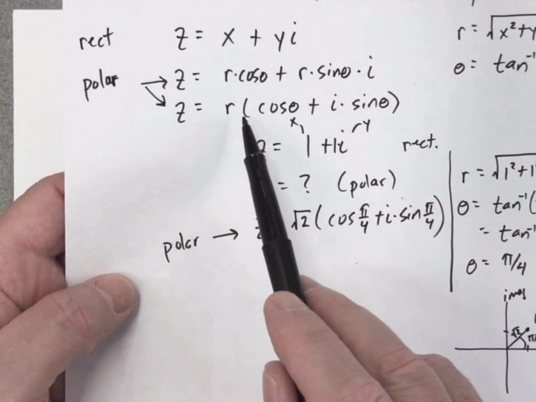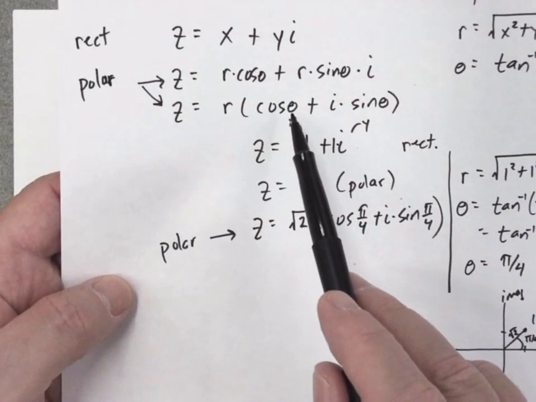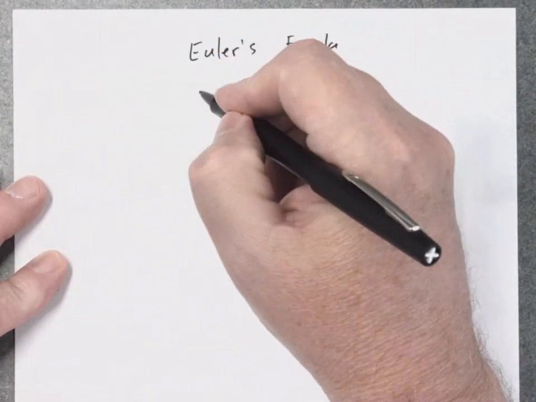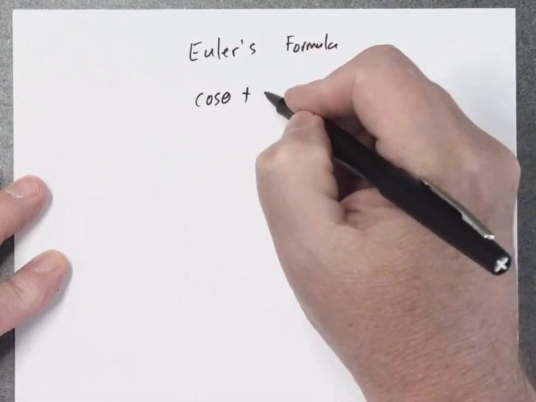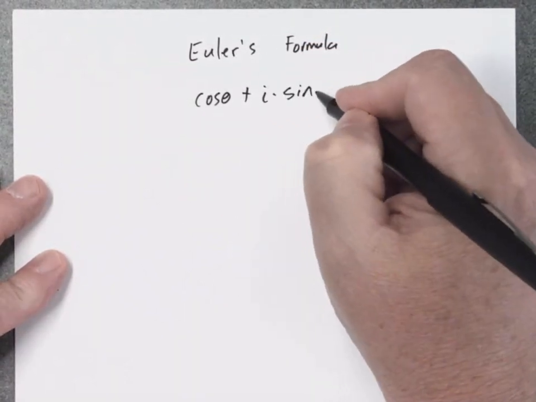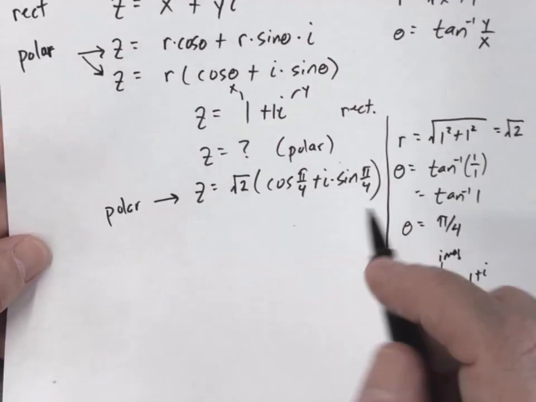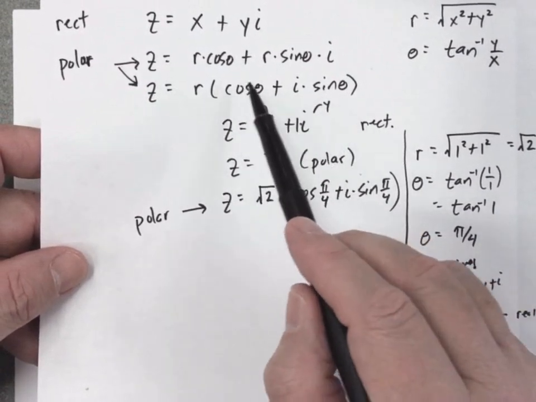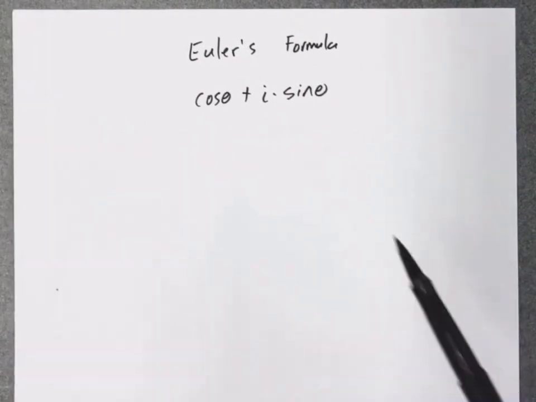Look at the form of this polar coordinate, r times cosine theta plus i sine theta. Look at this Euler's formula. What he discovered was that cosine theta plus i sine theta, in other words, if you look at this polar coordinate form, this is the stuff inside these parentheses. That's the same thing that's here.